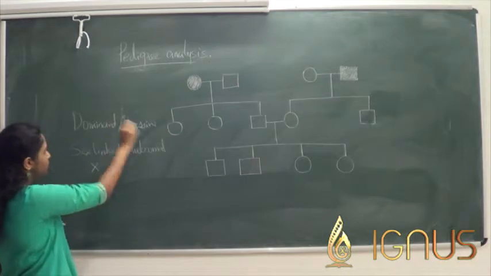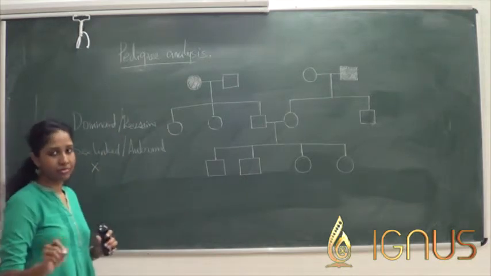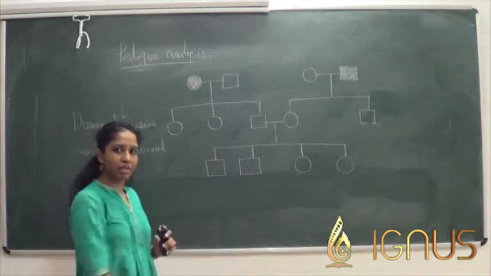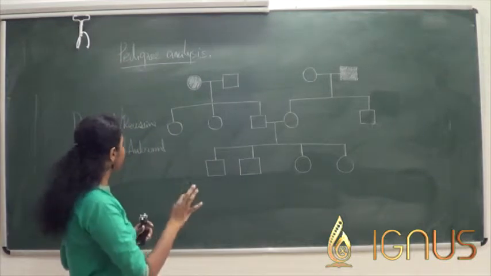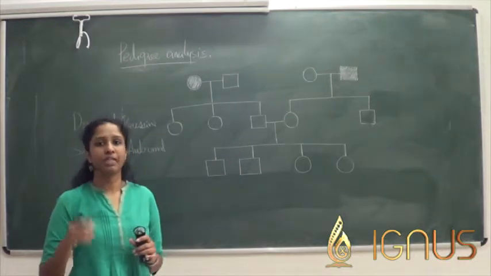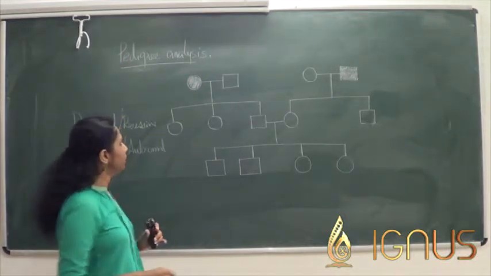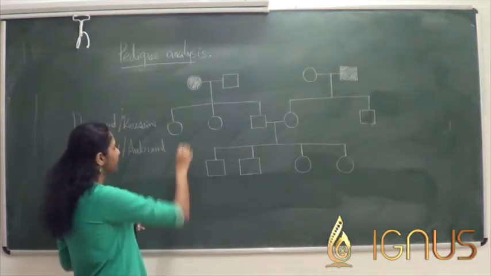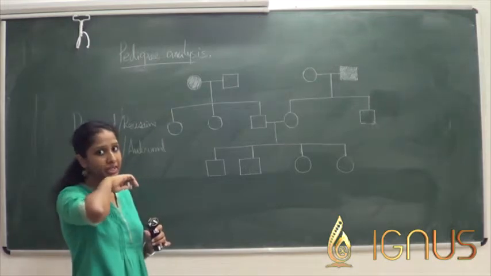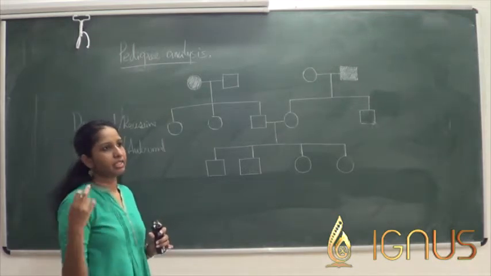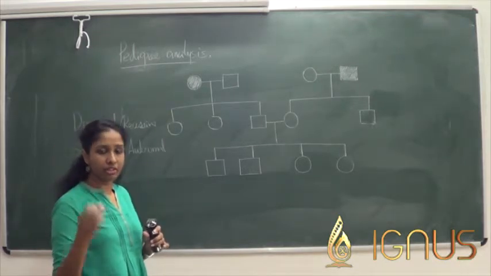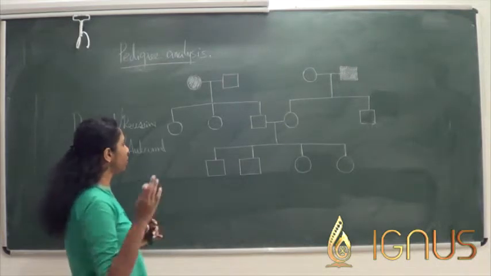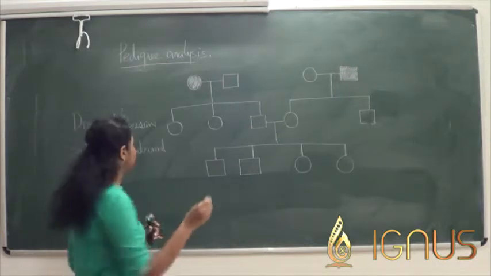So we will go through each of these and try to figure out what kind of inheritance pattern this is. Let's figure out whether or not it's a dominant inheritance pattern. Let's start off with autosomes, for example. Because this female here is affected, let's say that it's an autosomal dominant inheritance pattern.